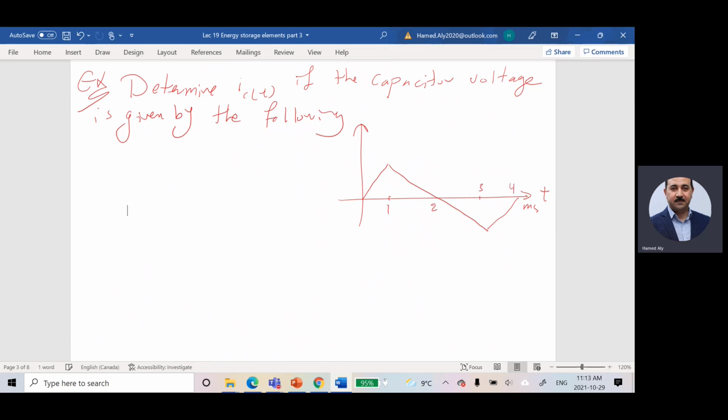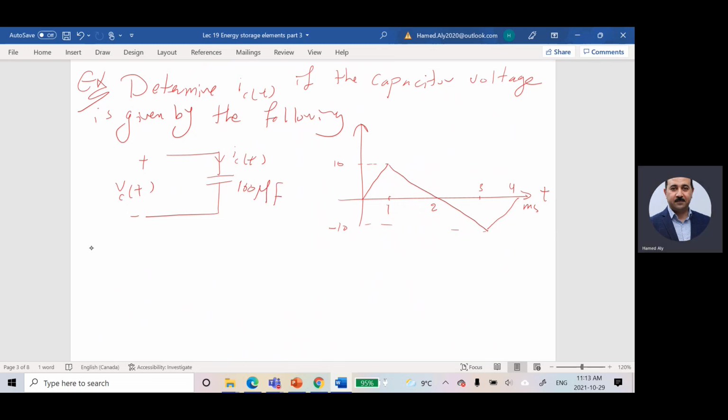This is 3. This is 4. This is 10. And this is negative 10. And he said this is the circuit that he is talking about. And this is IC of t, and this is VC of t, and this is 100 microfarad.